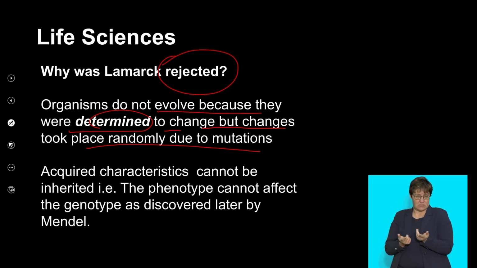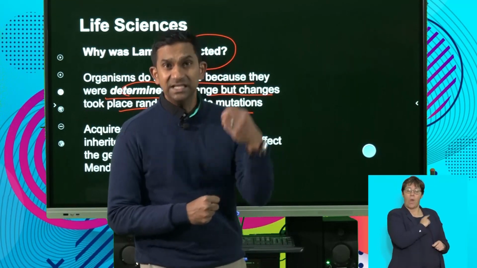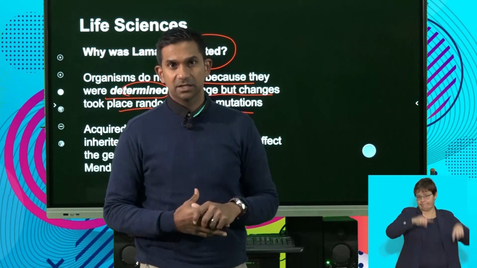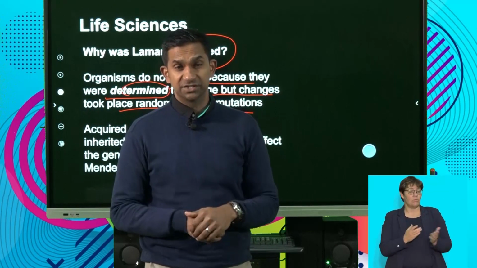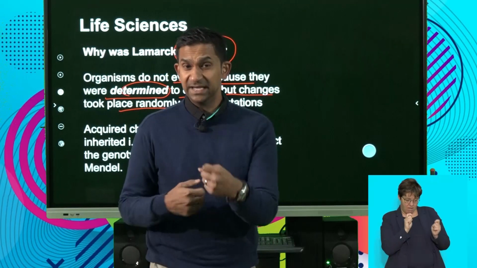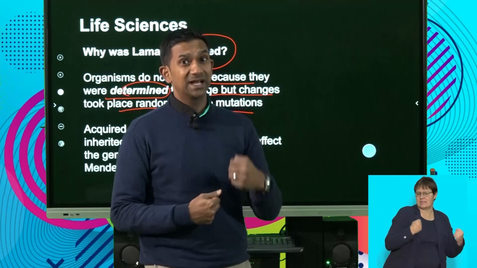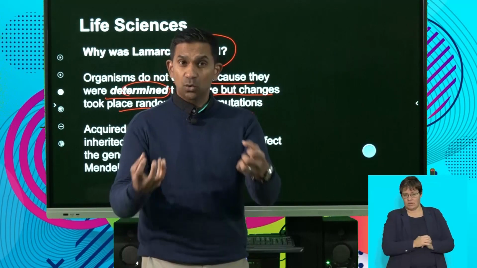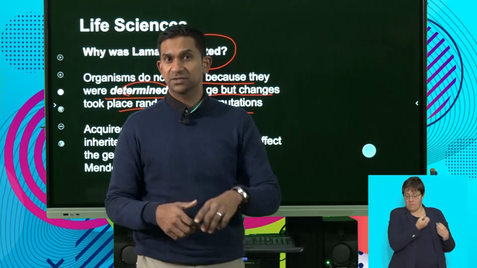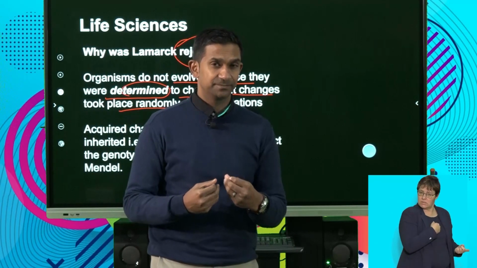Essentially, that points to that individuals don't change because they need to change. Change happens randomly, and that is driven by mutations. So things that happen randomly are not controlled by an individual. Yes, you might exercise to become better, but that is an acquired characteristic that you get. That cannot be passed down to the next generation purely because you've acquired that trait.